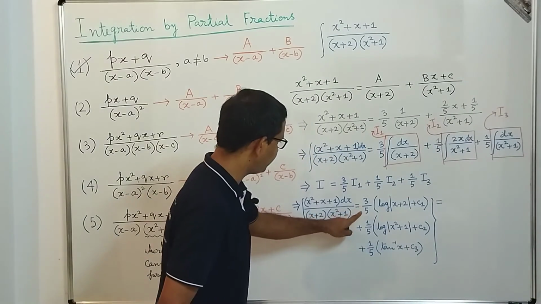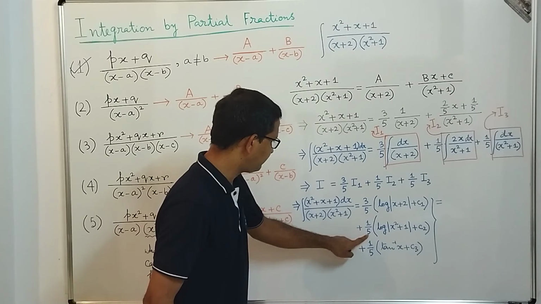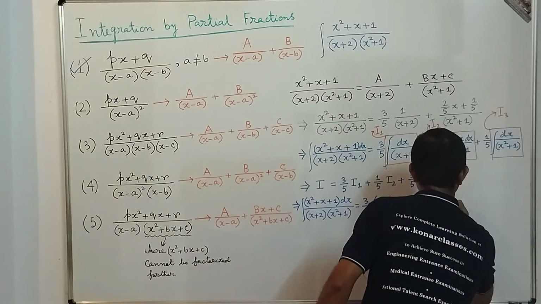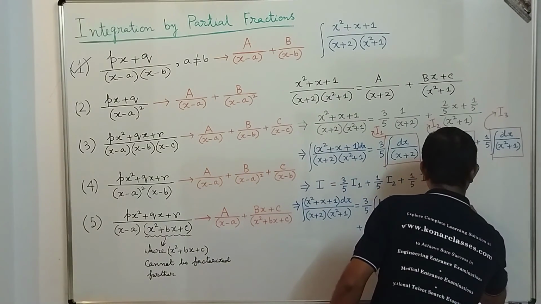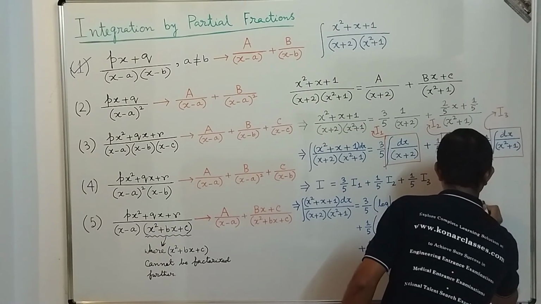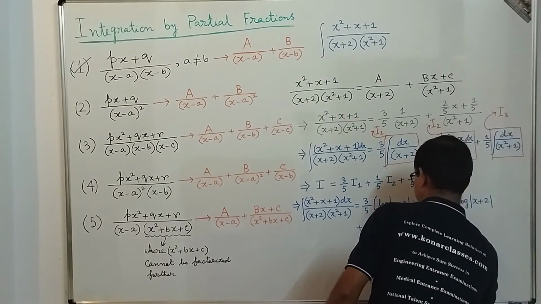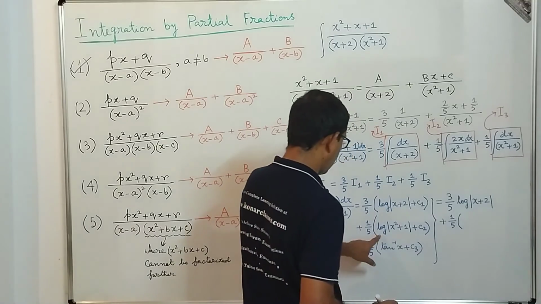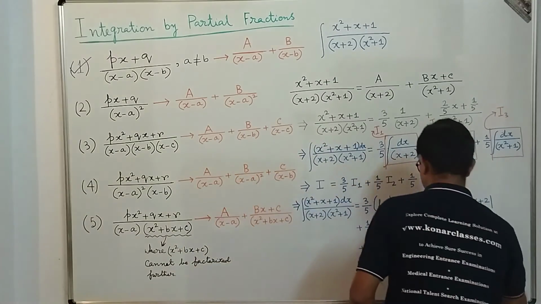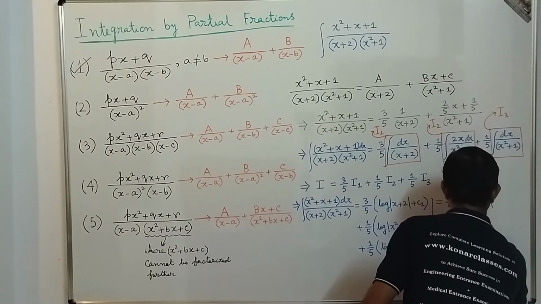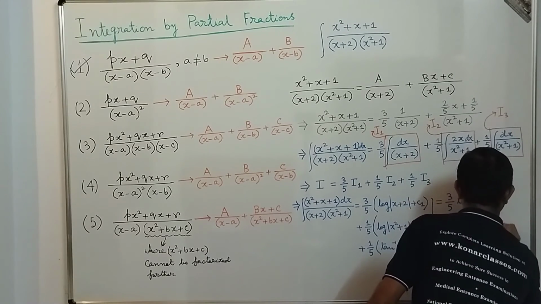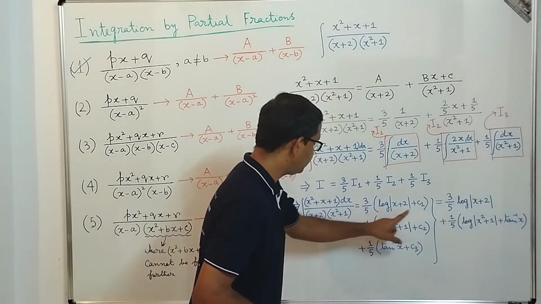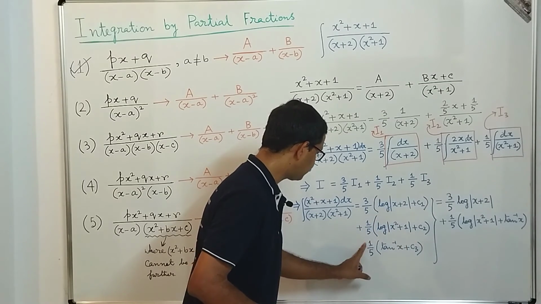So I can write 3 by 5 into log mod x plus 2, plus 1 by 5 into log mod x square plus 1, plus 1 by 5 into tan inverse x, plus 3 by 5 into c1, 1 by 5 into c2, plus 1 by 5 into c3.